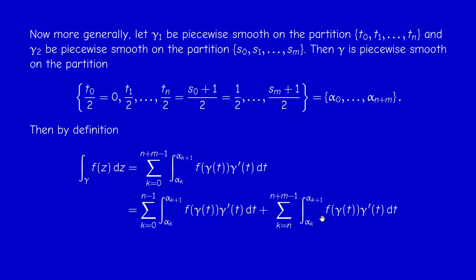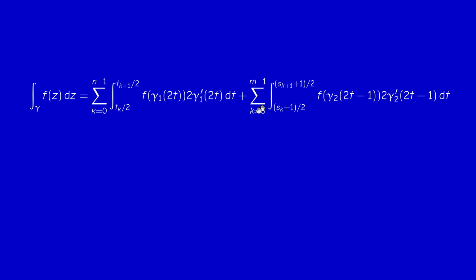And on the other sum, we are in the second part of the partition. So the first sum is the sum of the integrals from tk over 2 to tk plus 1 over 2 of f of gamma times gamma prime. But since we are on [0, 1/2], gamma of t is gamma 1 of 2t. So I apply the chain rule again to get this. And similarly for the other half of the partition, right?